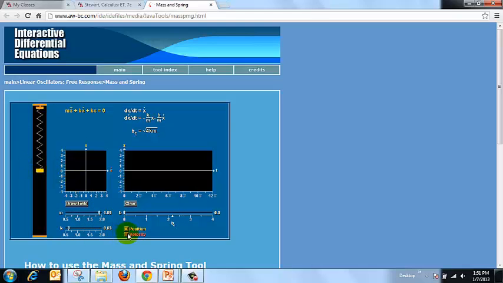motion of this. So if we put this in motion by pulling this mass down or by pushing this mass up, we see that we would get a motion something like this. The spring would go up and down, it would oscillate, and we see that it would look like a trig function. Now, as we're watching this, let's see what it would look like to have the velocity here.